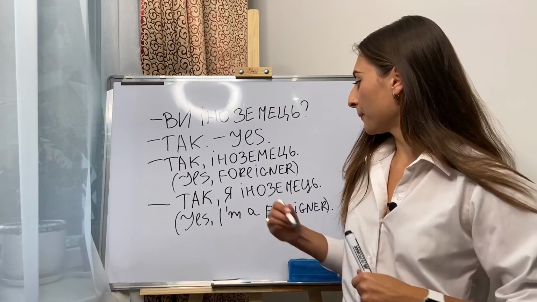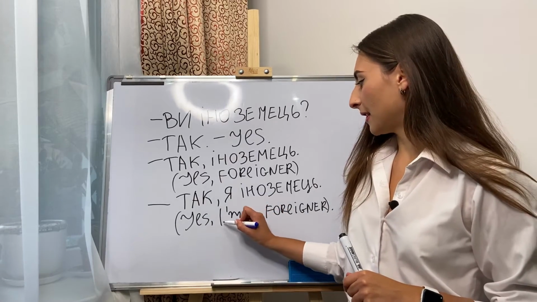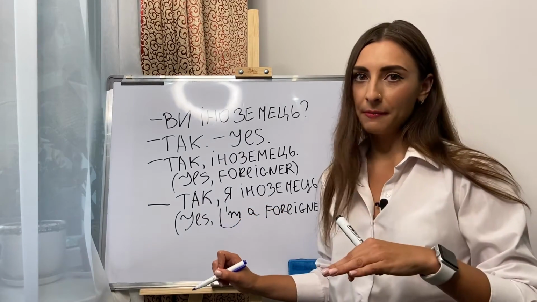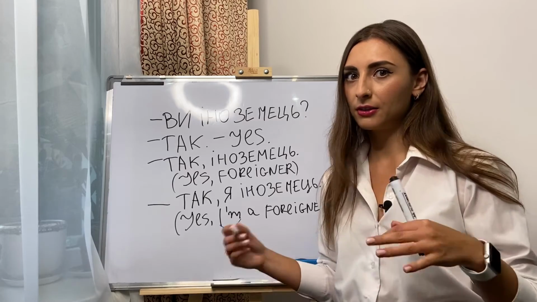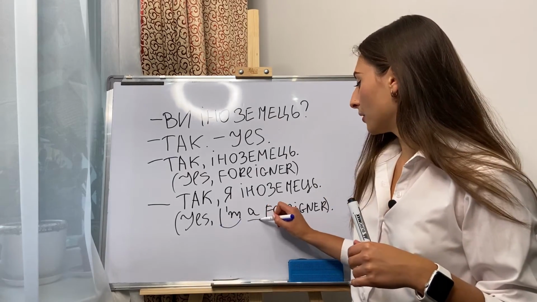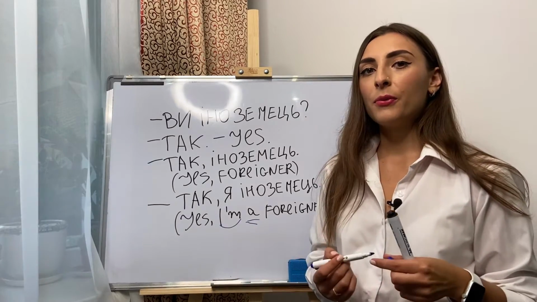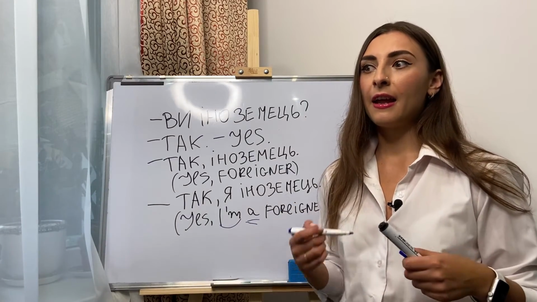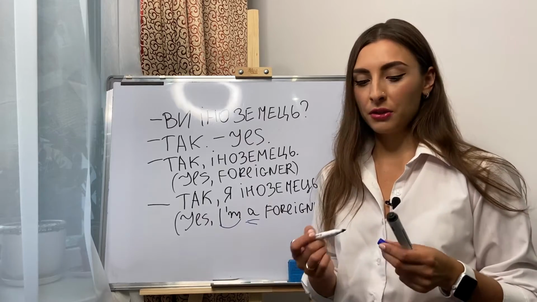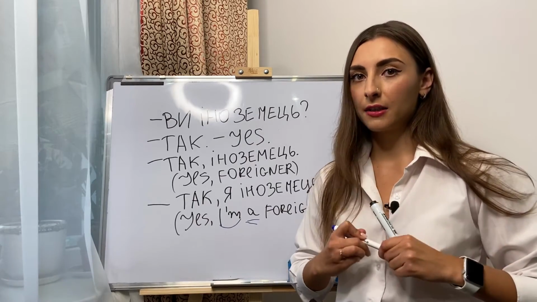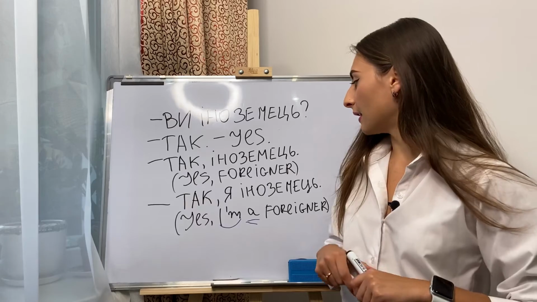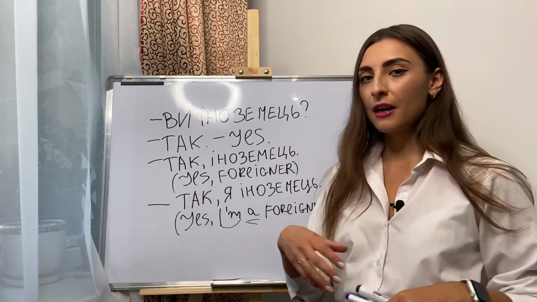You can see, так, я іноземець. Again, we don't use the verb to be in the present tense. It's also a very useful tip. And we don't have articles in Ukrainian. In English you use articles like a, an, or the, but in Ukrainian we don't have articles. So literally this answer sounds like yes, I, foreigner.